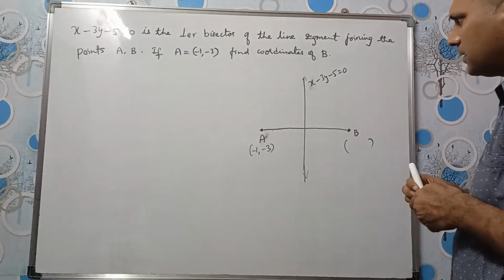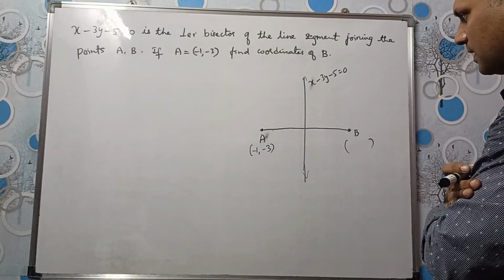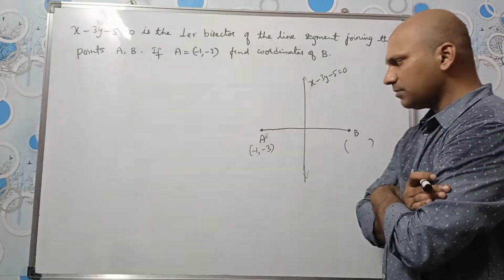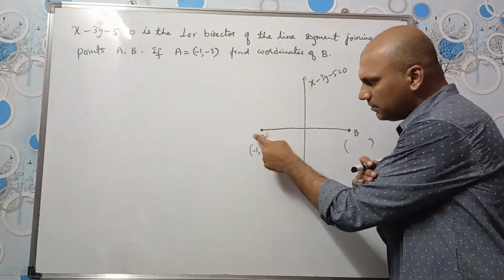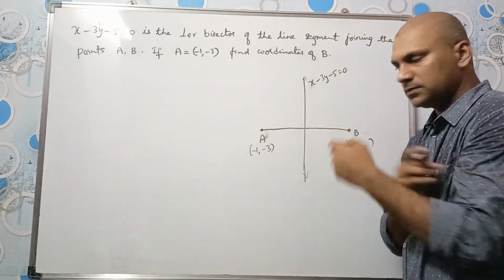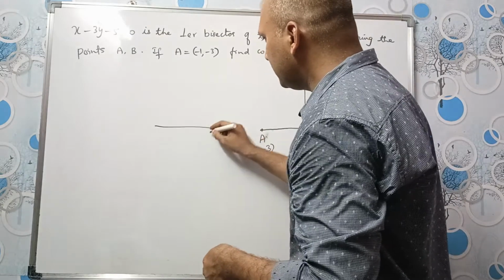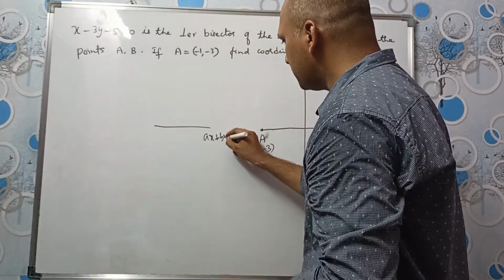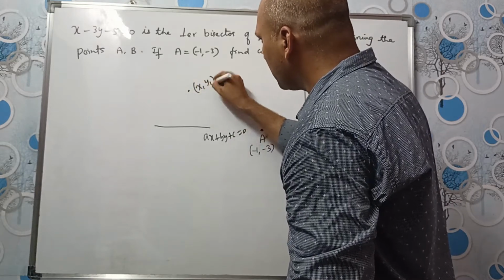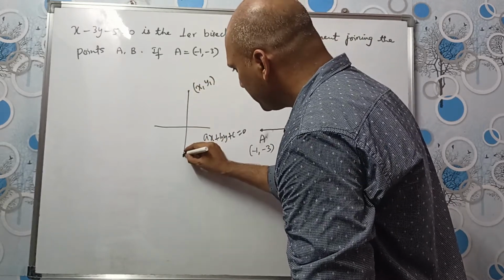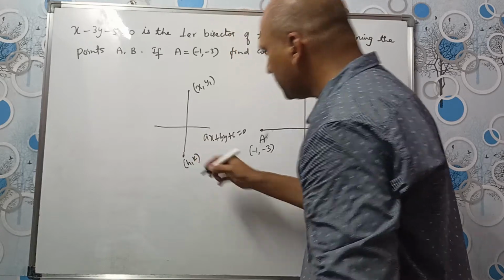Now, see, observe this diagram carefully. Don't you think B is the image of A? See, we had a line here, ax plus by plus c equal to 0, and we had a point here, x1, y1, and this point h comma k was the image.